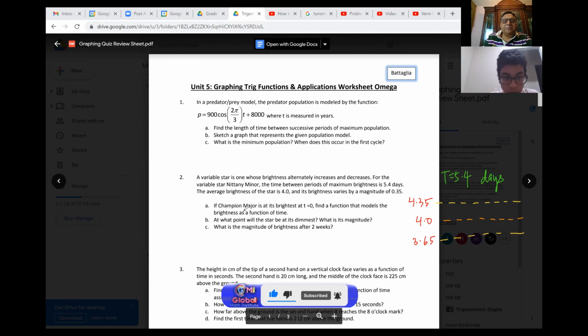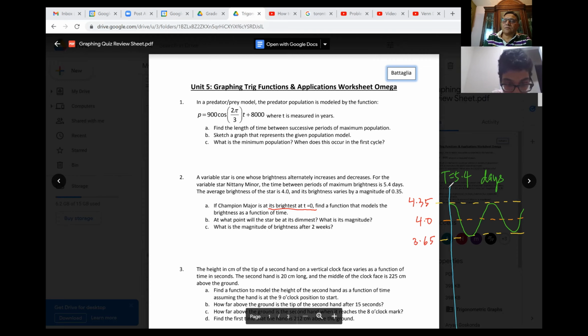Now, the star is at its brightest at t equals 0. So brightest means you start with the maximum, like a cosine function, correct? You see that? Clear?